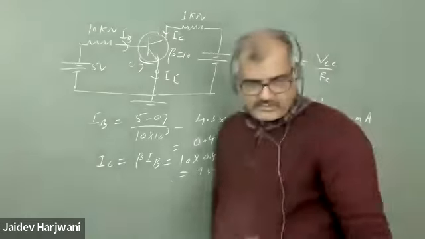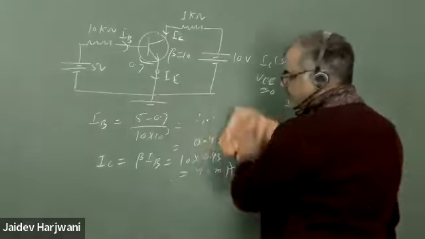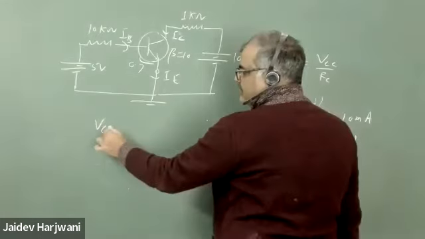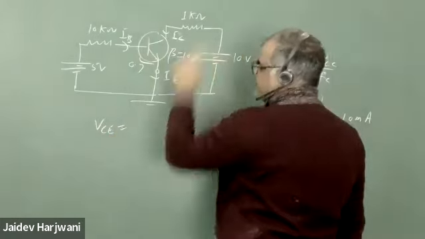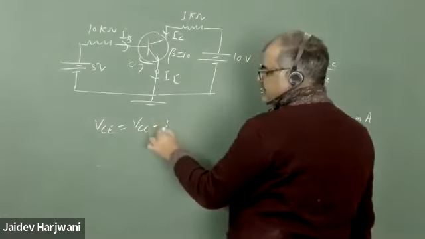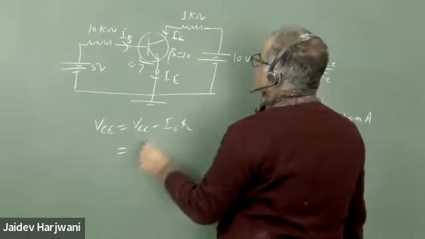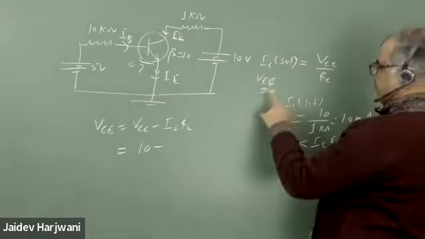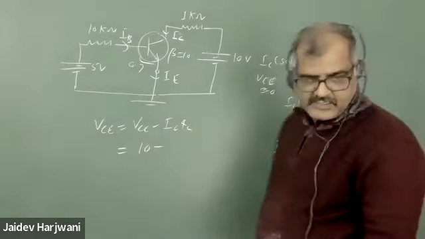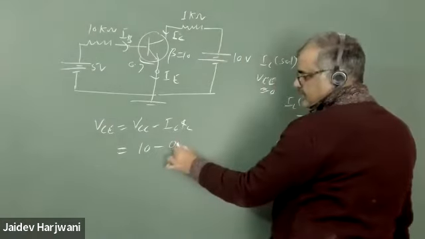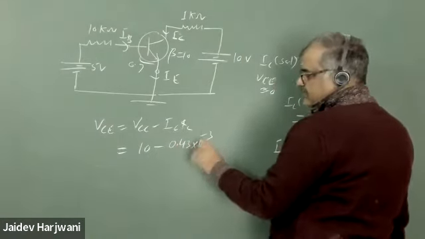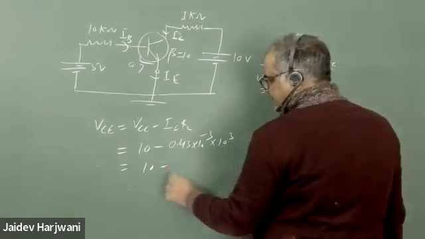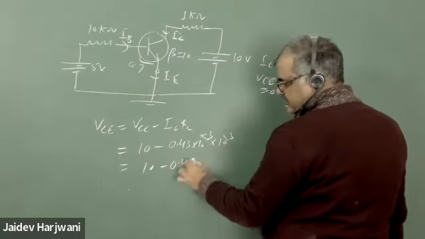Now I want to find out the operating point. IC I already know, so once I know IC, I can find out VCE. VC is nothing but VCC minus ICRC. VCC is 10 volt, IC you already calculated, how much? 0.43 milliampere, and RC is your 1 kilo ohm, that will become 10 minus 0.43.